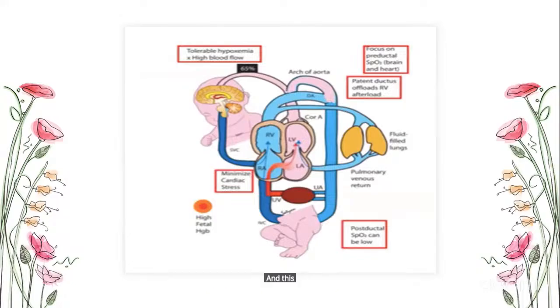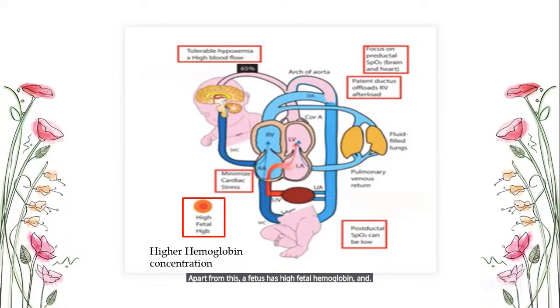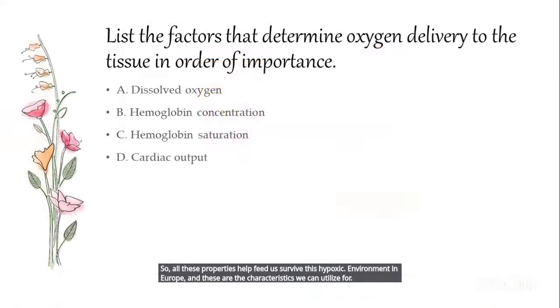This is mainly achieved with the help of high cardiac output. Apart from this, a fetus has high fetal hemoglobin and higher hemoglobin concentration as well. All these properties help the fetus survive this hypoxic environment in utero, and these are the characteristics we can utilize for managing PPHN as well.